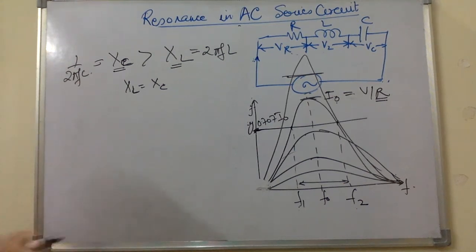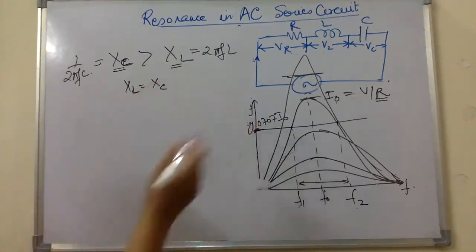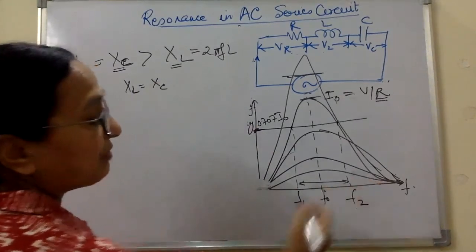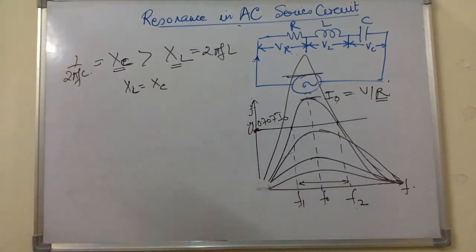And the circuit behaves as inductive beyond the resonant frequency. If the frequency is more than the resonant frequency, the inductive reactance will be more than the capacitive reactance, and therefore the circuit will behave as an inductive circuit, and the current will lag the voltage by the given angle depending on the resultant reactance.